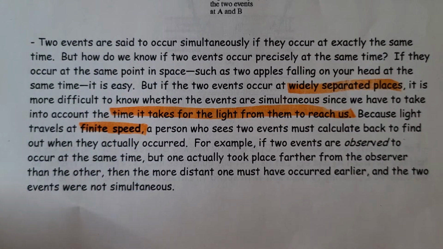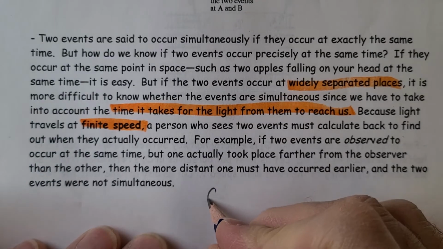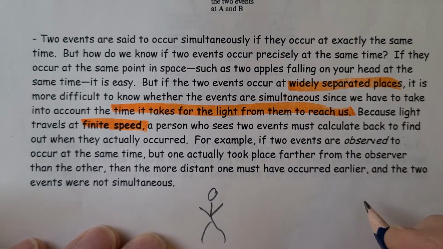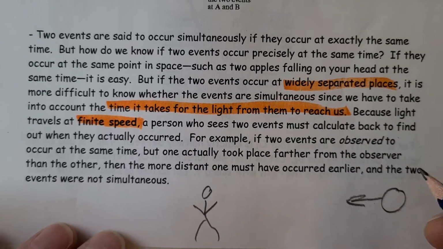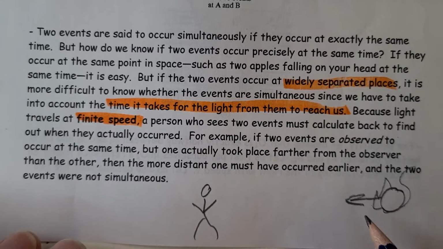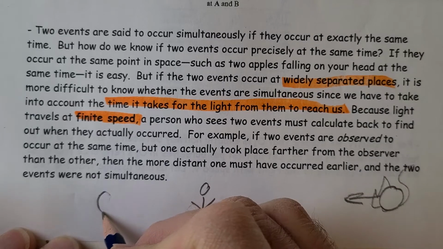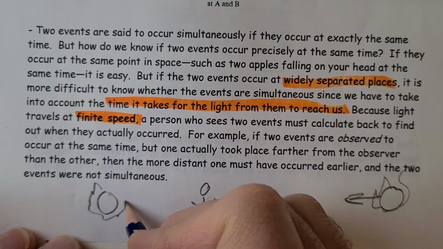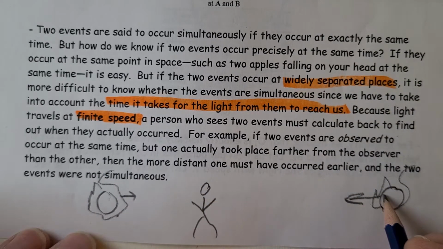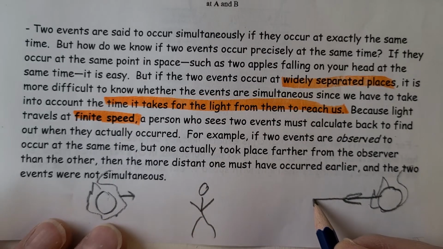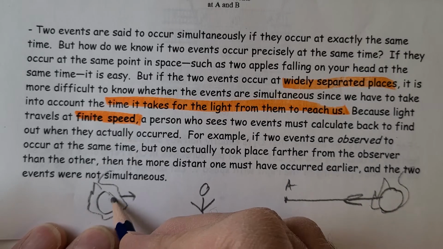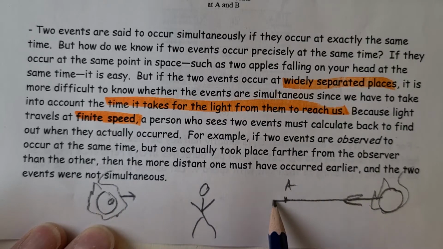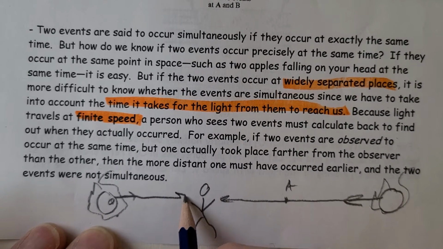So for example, if I'm standing here, and let's say there's a planet over here that explodes and sends us the light. And let's say there's a planet here that explodes and sends us the light. So let's say the light is traveling, then once it reaches point A here, this planet explodes. And then both lights reach us at the same time.